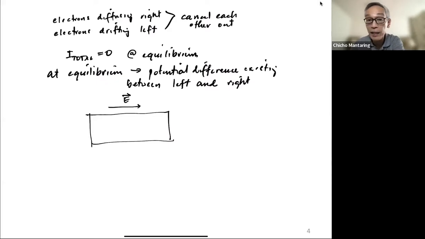On the other hand, if I get a negative charge and try to hold it in place here, it's going to be more difficult for me than to hold it here. So my potential for electrons is going to be higher on the right than on the left.